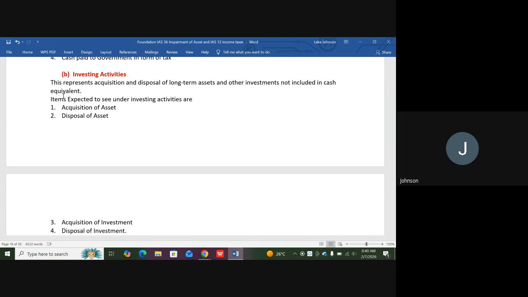That is number one. They're also going to look at how many disposals, how many of your assets did you sell off during the year? So they're looking at the asset that you purchased during the year, the asset that you sold during the year. So that is investing activity. They're also looking at other investments that you entered into.